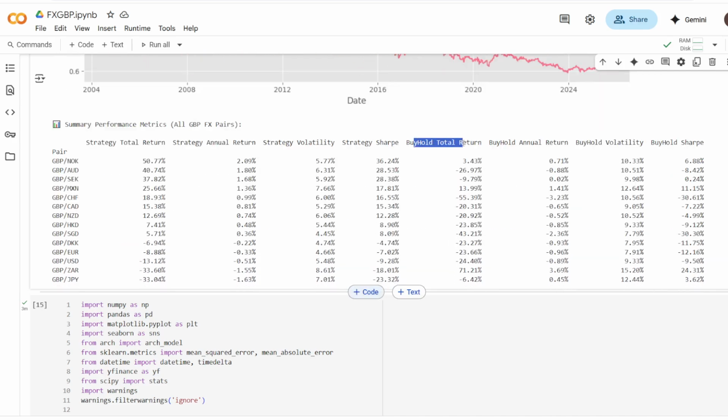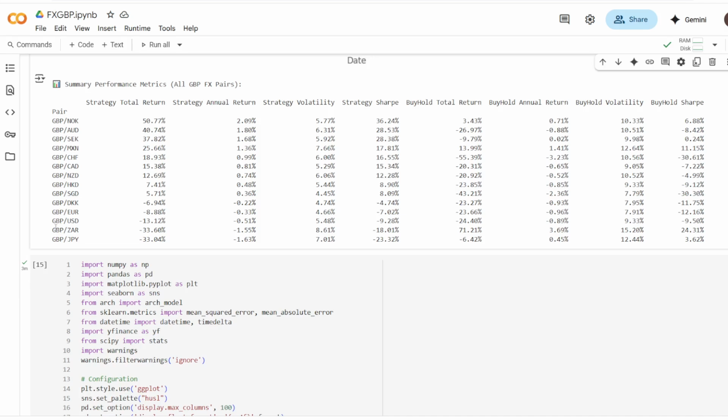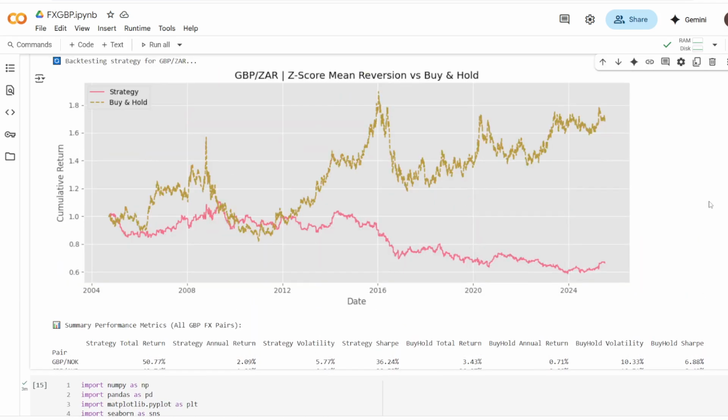The buy and hold trade is good for pound South African rand because it gives you 70%. I mean, it has provided 70% return in the past 20 years, from 2000 to 2025, so it's 25 years. So what to consider?